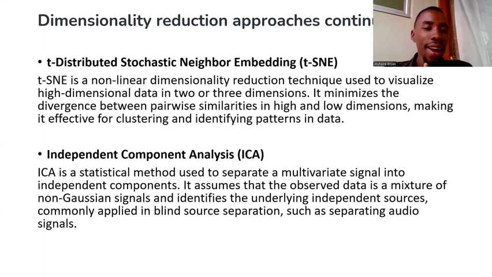So the main goal of the ICA, the independent component analysis, is to separate this data, break down the components. Yes, more of unmixing it. If it's a mixture of different components, the ICA unmixes it.